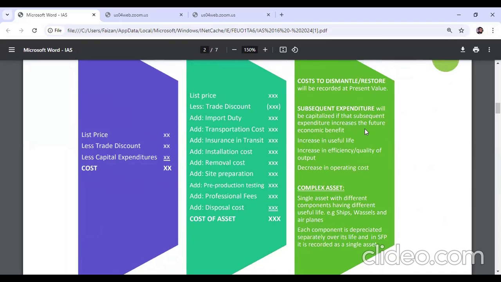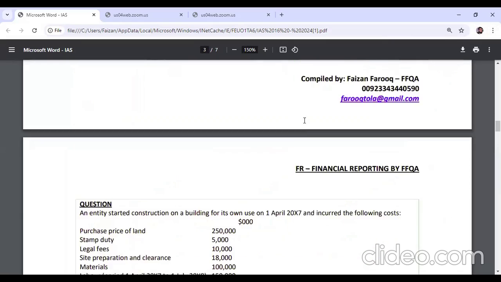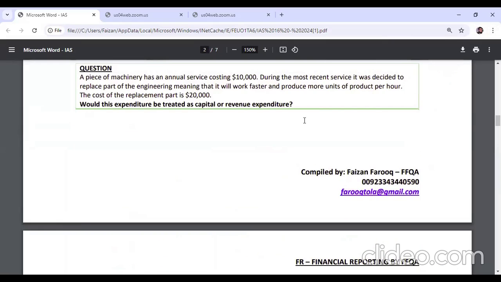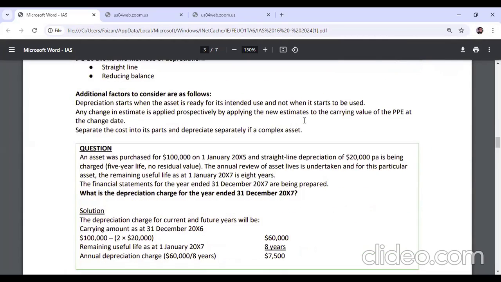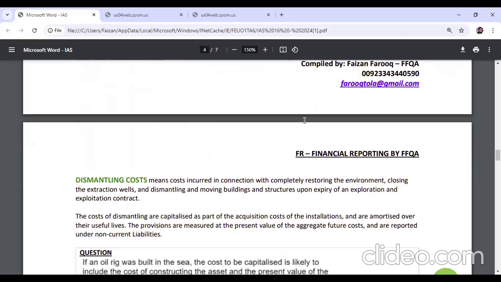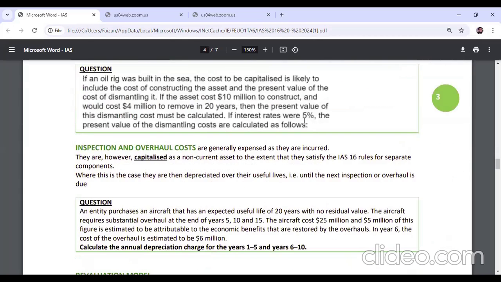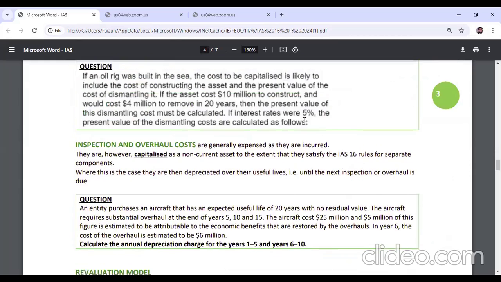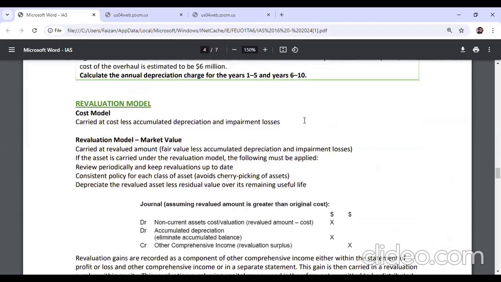Subsequently it is going to be revalued. We already discussed how to deal with depreciation, material and labor, straight line method, reducing balance method, and disposal of asset, gain or loss on disposal. Dismantling, removal or decommissioning costs we are done with. A small thing is left: overhaul cost. We will do it inshallah in the next class. It's only a 10 minute topic.